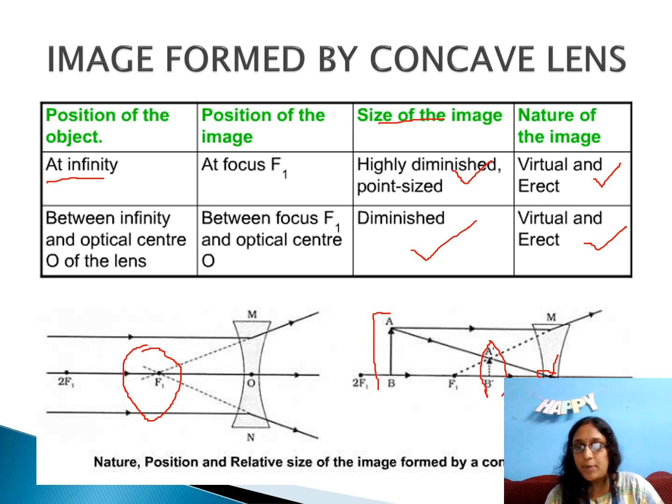You'll get the image in between focus F1 and the optical center. So this is nothing but the image formed by the concave lens. There are only two cases. One, when you keep the object at infinity, you'll get the image at focus. It is the same as the first ray diagram in the convex lens, but here the rays just act as if they meet.